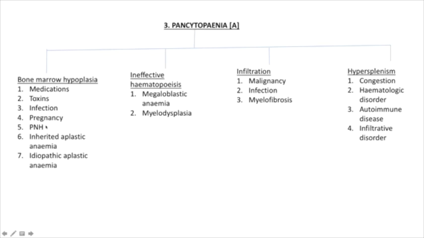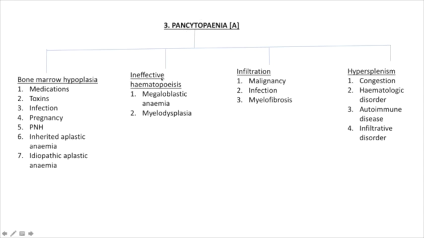Paroxysmal nocturnal hemoglobinuria we touched on in yesterday's algorithm, where we said it's complement-mediated red cell lysis, and it's one of the causes of pancytopenia. Then we have aplastic anemia, which is essentially bone marrow failure, and it can be inherited or idiopathic. Irreversible hypoplasia is referred to as aplastic anemia, and that's what we're speaking of in this instance.